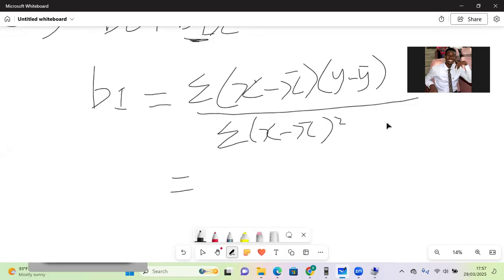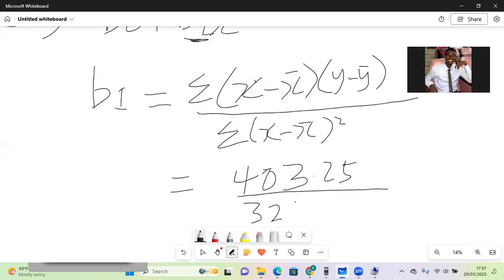In the question, the first one is 403.25 as the hint, and then all over, the second one is 3266.25. So we are going to get 0.0123, right?